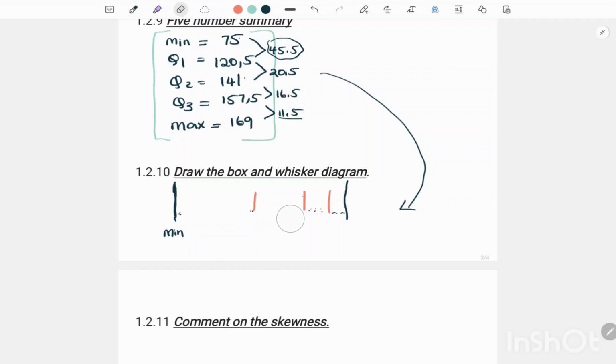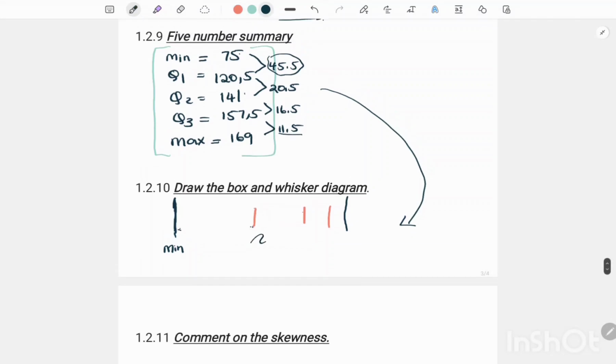Then from there you join your box. You must write Q1, Q2, Q3, maximum. Your box is between Q1 and Q3. That is your box. Then the whiskers, minimum to Q1 and then Q3 to the maximum. That is your box and whisker diagram.